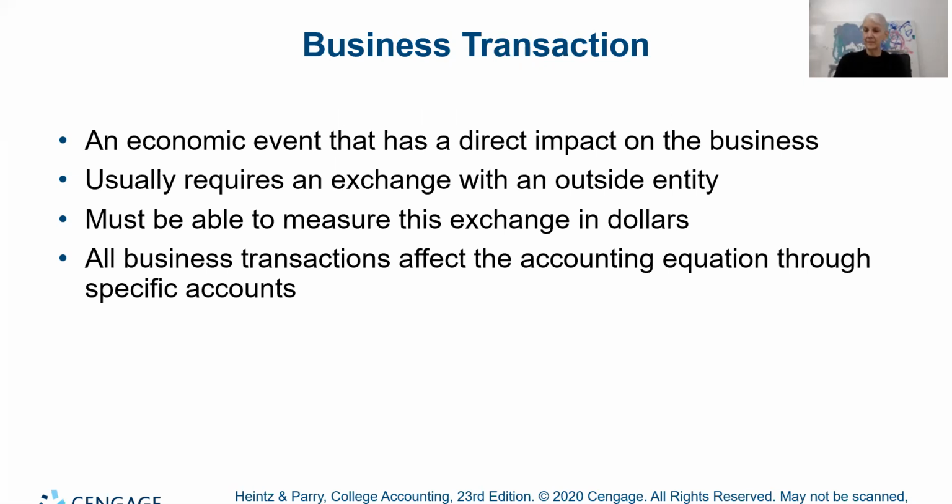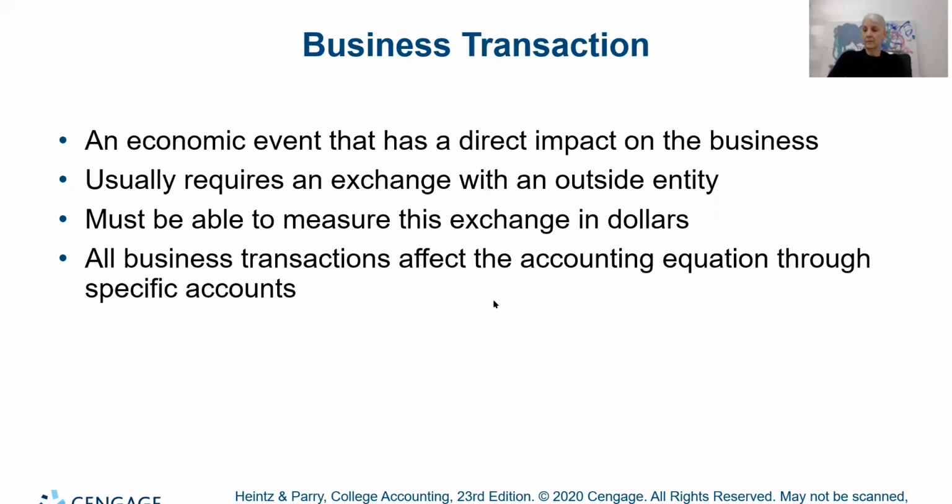It could be we bought something, we paid somebody. And most of these transactions, at least the ones we're going to see here, deal with an outside entity, meaning it affects not just us, but an outside independent party. For example, you buy something, well, that's a payable to us and a receivable to somebody else.